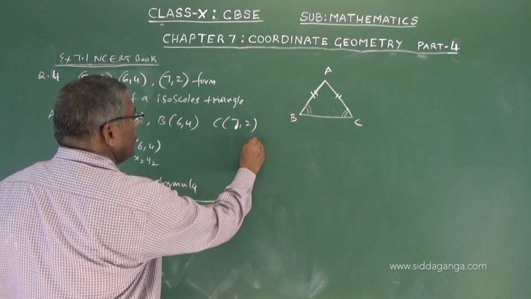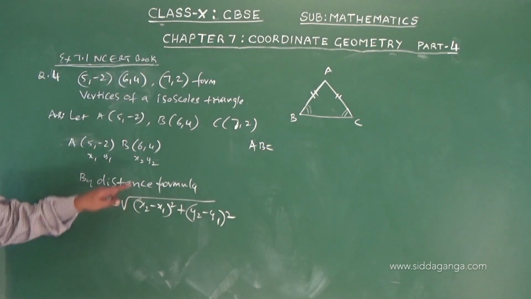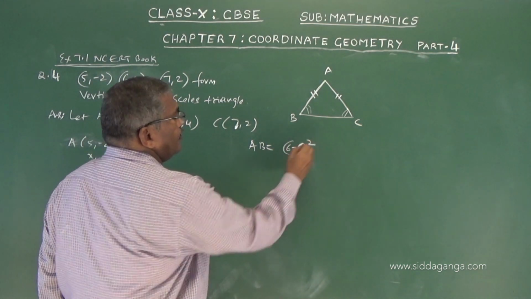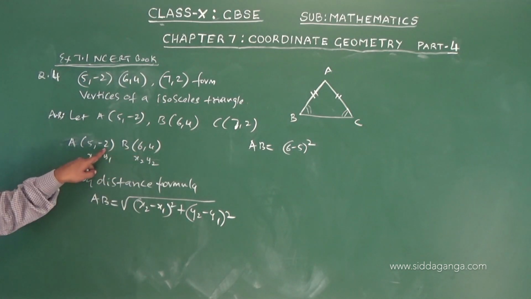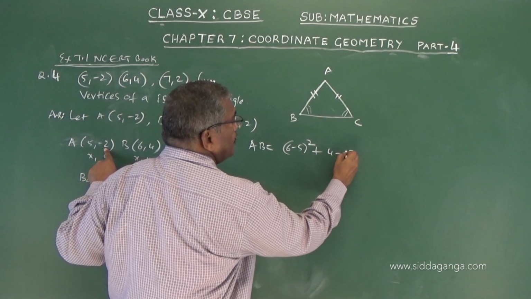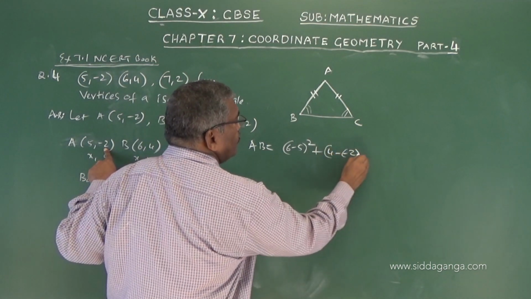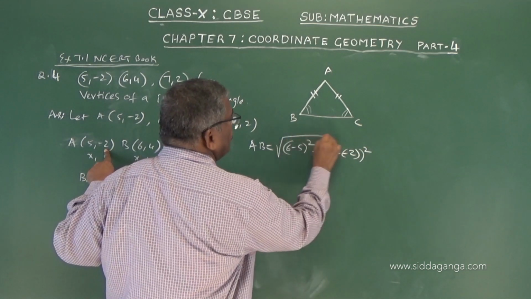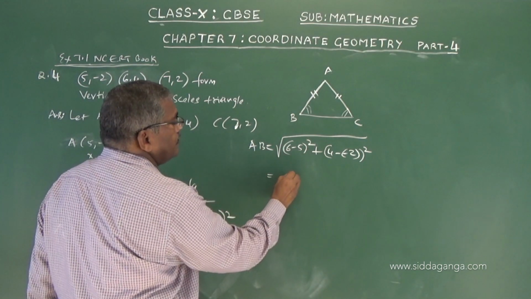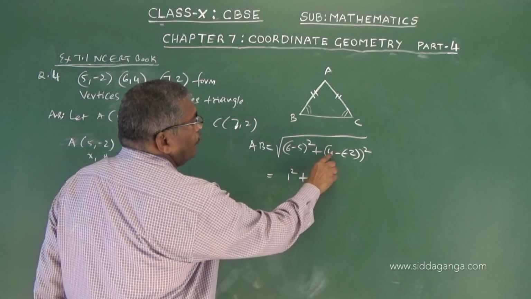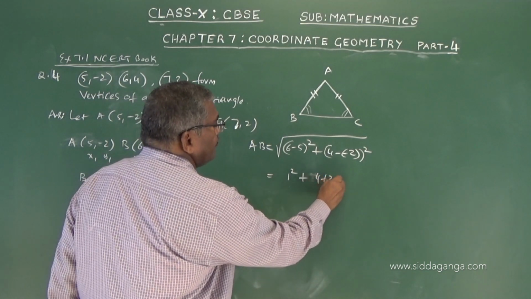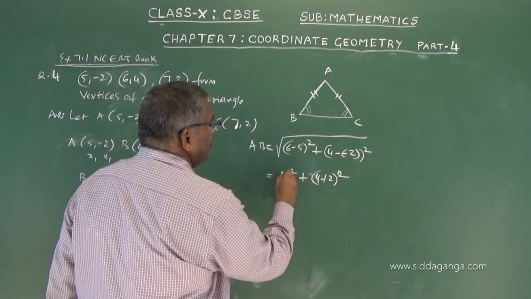So here AB equals 6 minus 5 whole square plus 4 minus of minus 2 whole square, under the root. Wherever you get a minus, you have to be very careful. So 6 minus 5 is 1 square, plus 4 minus of minus 2 is 4 plus 2. I will write one more step: 4 plus 2 whole square under the root.